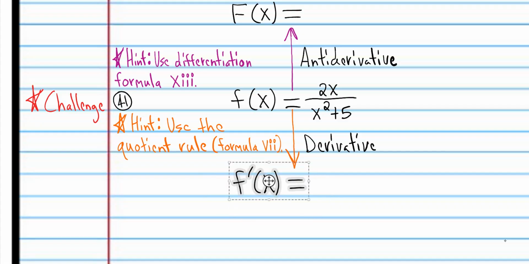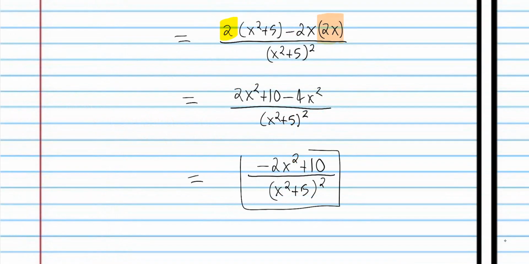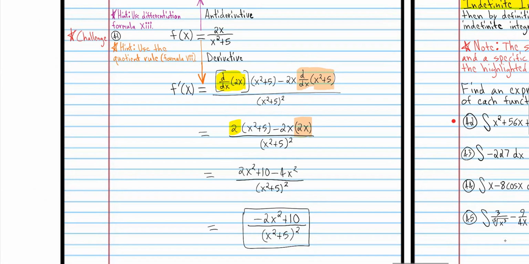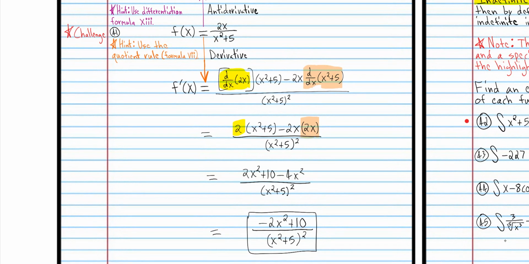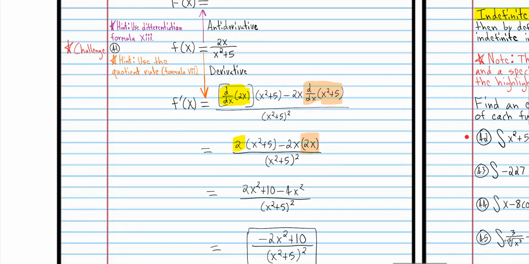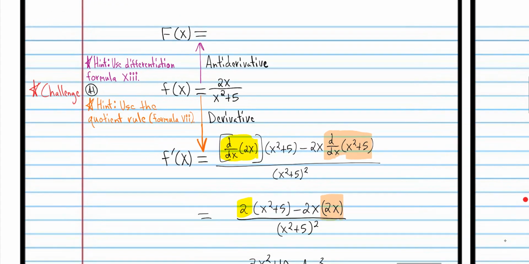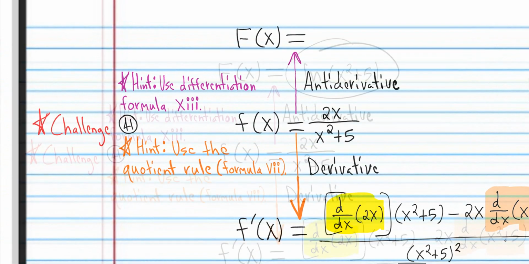Okay, we're back. So that is the derivative. That was kind of a challenge problem because we had to use the quotient rule. The quotient rule will show its face every once in a while, so you have to be ready for that. So now we have to find the antiderivative.